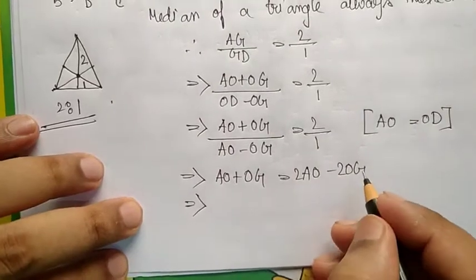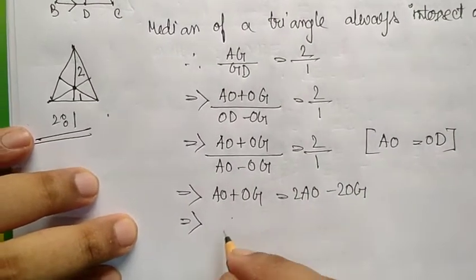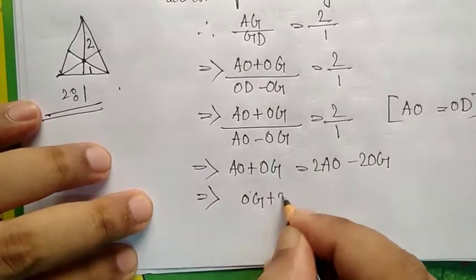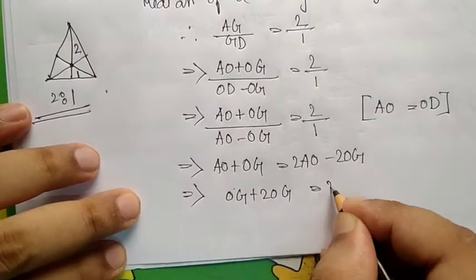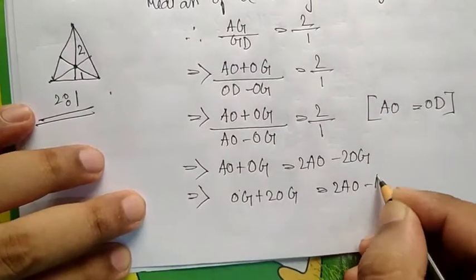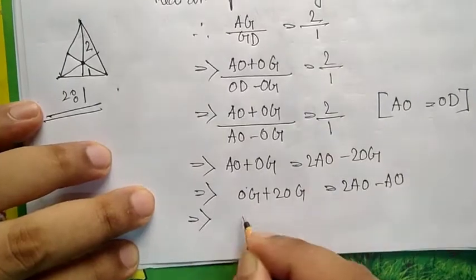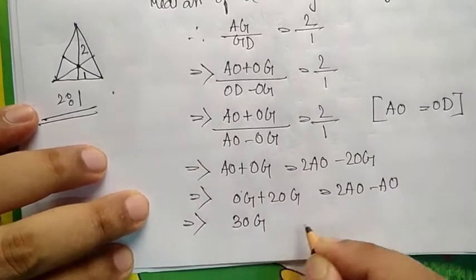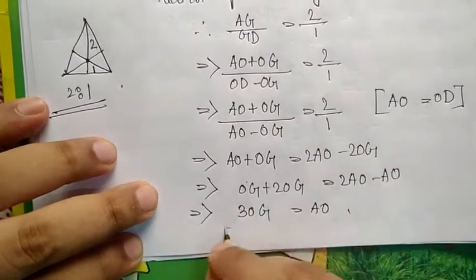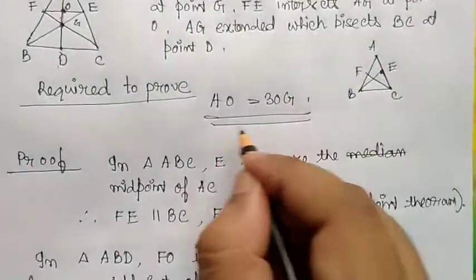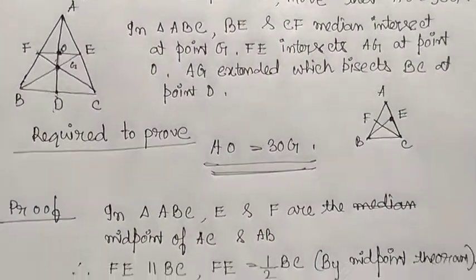So if 2OG comes to that side, OG plus 2OG equal to 2AO minus AO, or 3OG equal to AO.